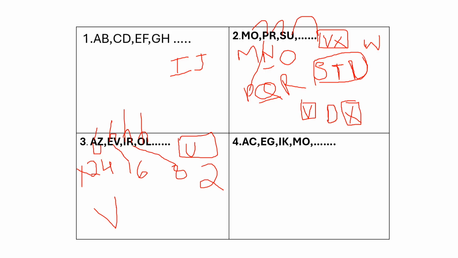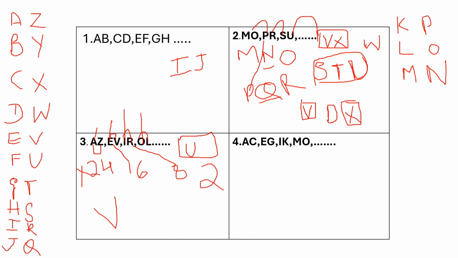So next, I'm going with this table, that is nothing but A, B, C, D. This table is nothing but: we write letters in alphabetical order, and below that we write the reverse of that.